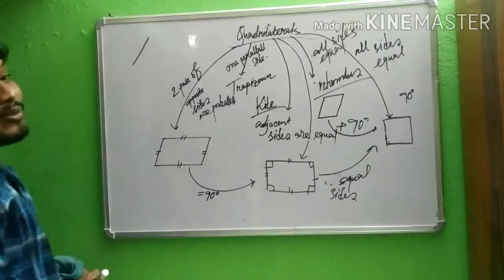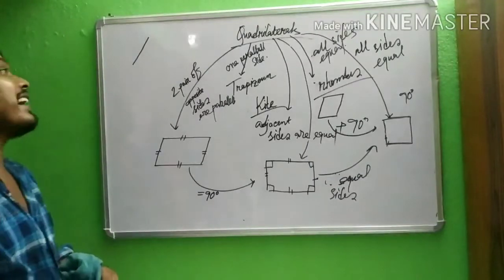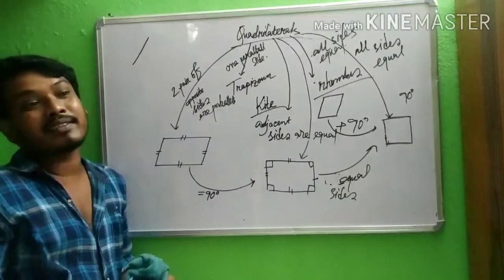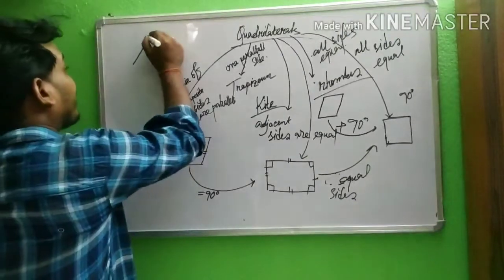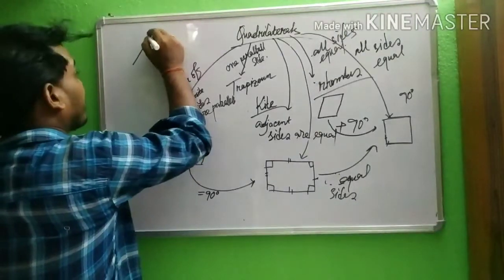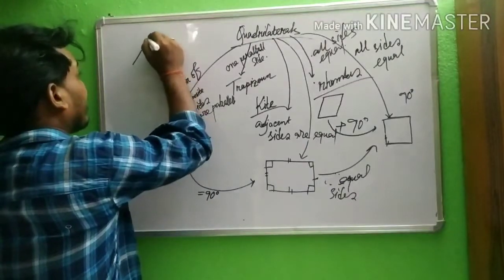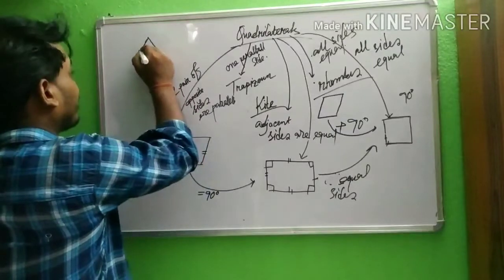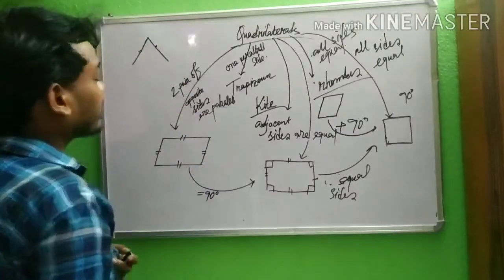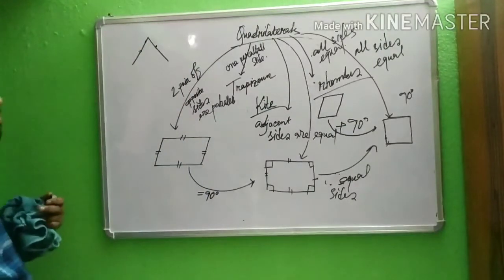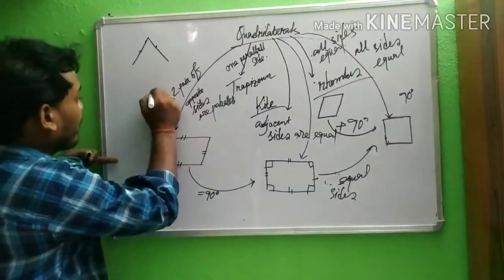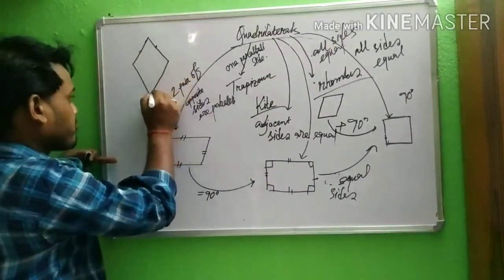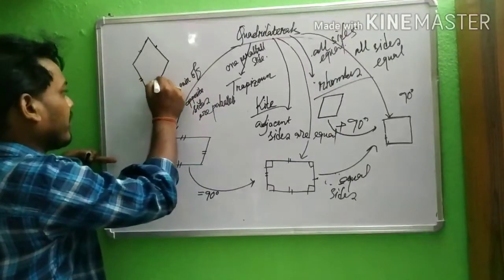Adjacent sides, what are adjacent sides? Adjacent sides are the sides having a common vertex. So if it is one vertex, then this side and this side share it. So these two are adjacent sides.